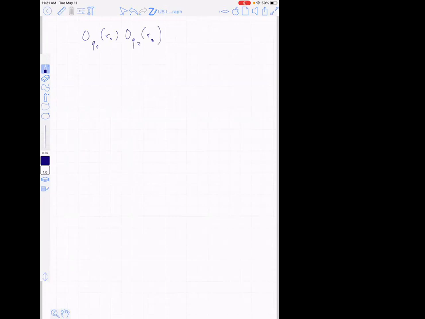You can do this analysis without mapping to a particular field theory. Just in the spirit of a general renormalization group, you can think that the OPE of these two things satisfies the simple rule that you simply add these two powers when you fuse these operators. You take something to power Q1, you bring in something raised to power Q2, and you bring them together, you get the sum of the powers.